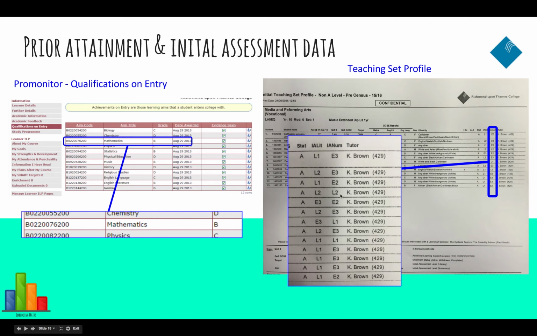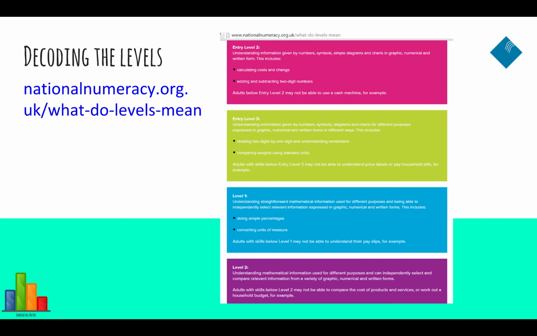There's a big difference there in prior attainment and initial assessment levels. What do those different levels mean? This is a great website to look at to work that out, so you can actually work out what your students should be capable of, and so what you're able to present to them, or what they might need a little bit more help with mathematically, for you to point at and explain.